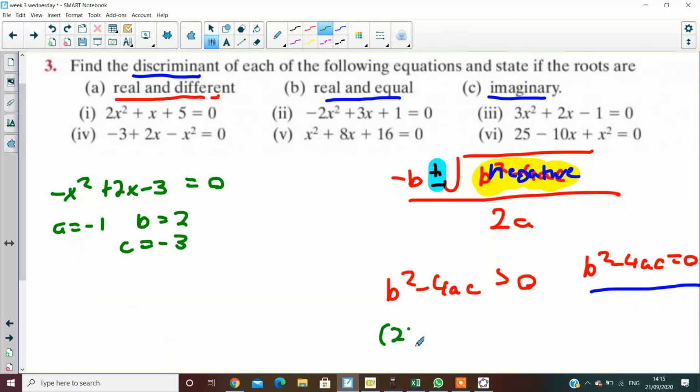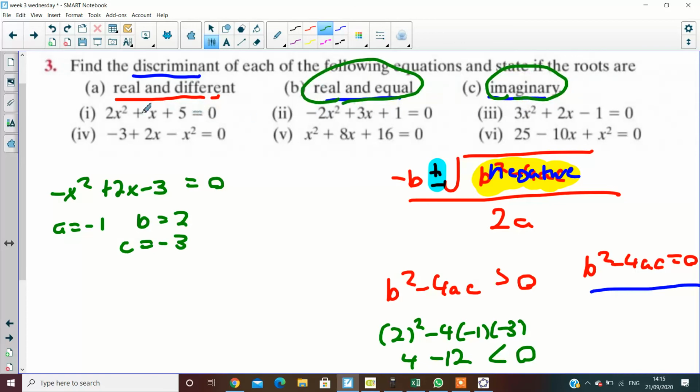B squared is 2 squared, minus 4 times minus 1 times minus 3. Let's see what happens. It's going to be 4 take away 12, isn't it? 4 take away 12 is less than 0. What does this mean? 3 negatives. So what does that mean? If it's less than 0, it's imaginary. If it equals 0, real and equal. If it's a positive number, real and different.